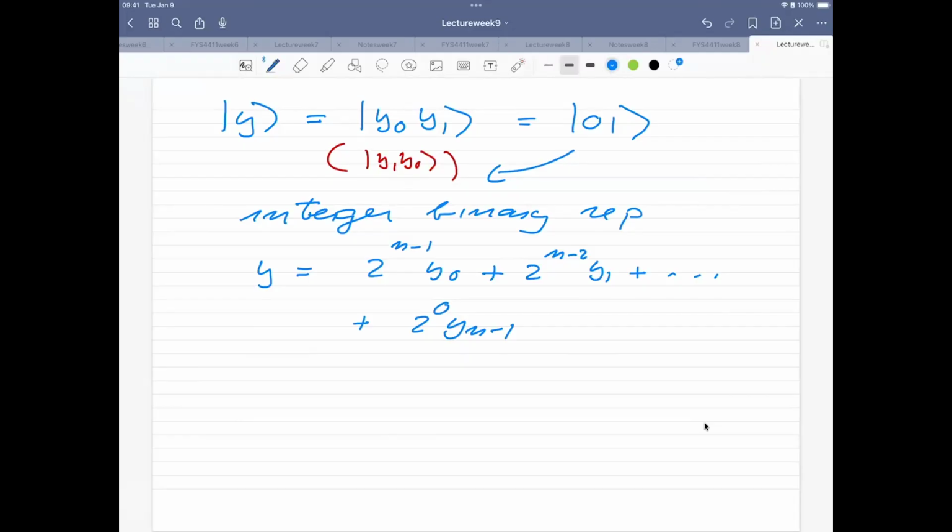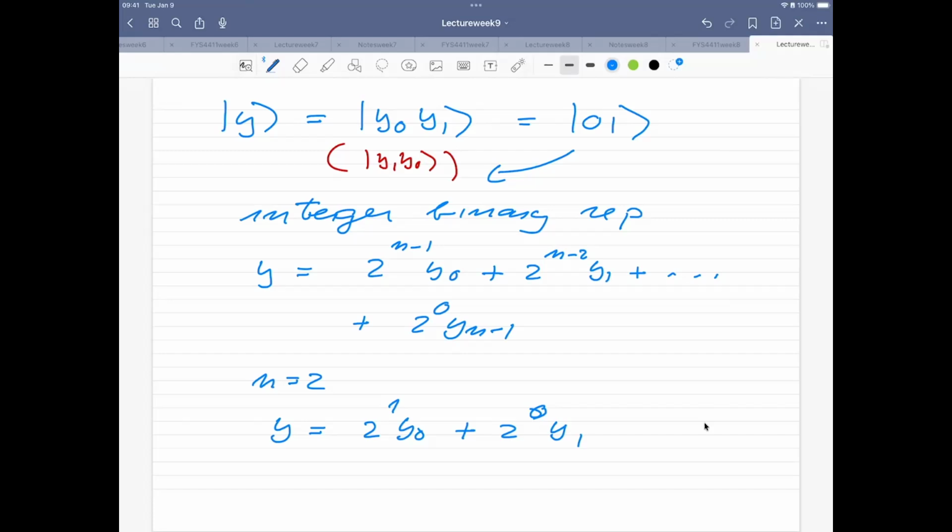So for this specific case, if we now look at the n equal 2 case, then y is equal to 2 to the power of 1 times y0 plus 2 to the power of 0 times y1. Okay?